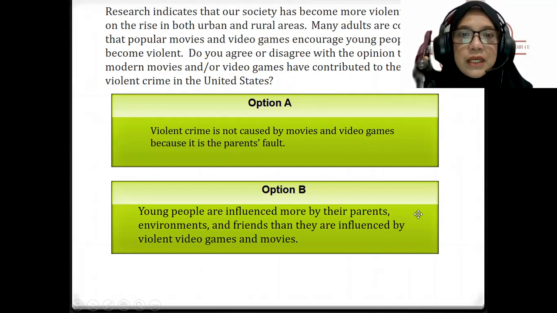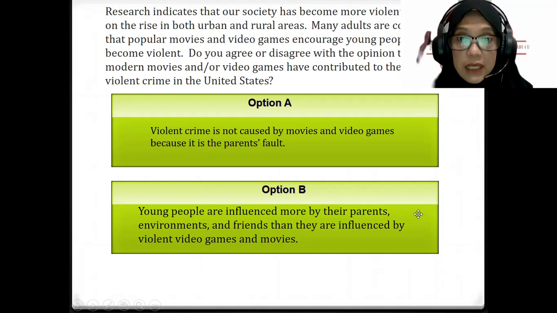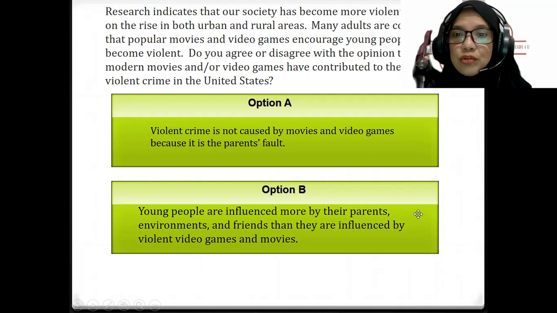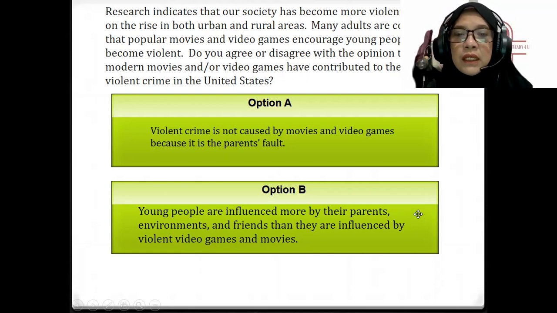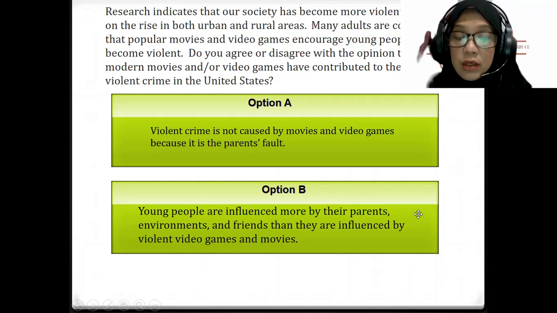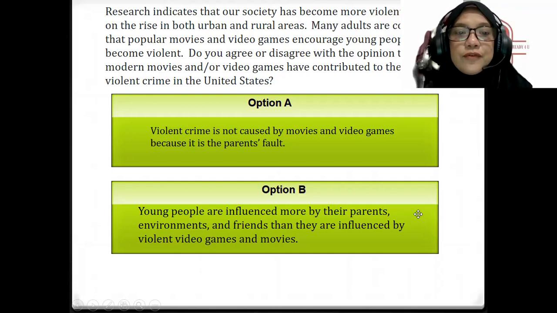Do you agree or disagree with the opinion that modern movies or video games have contributed to the rise of violent crime in the United States? You can use option A or option B, okay? Option A: violent crime is not caused by movies and video games because it is parents' fault.